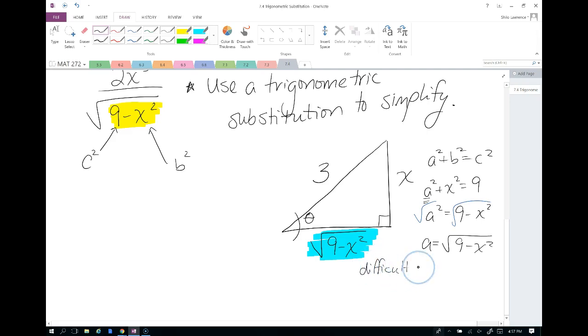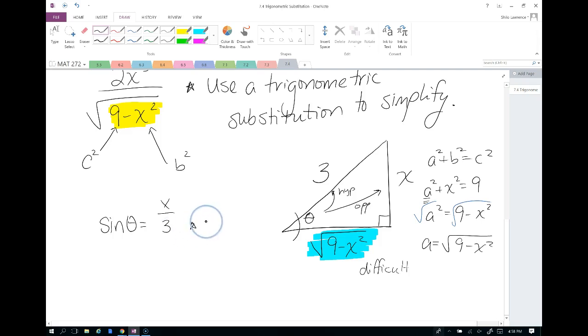So I'm going to set up a trig function that does not use that side. It uses my other two sides. So if you remember from trigonometry, that is called our opposite side, and that one is our hypotenuse. So we want to set up the trig function that uses opposite and hypotenuse, which is sine. So sine of theta equals opposite over hypotenuse.